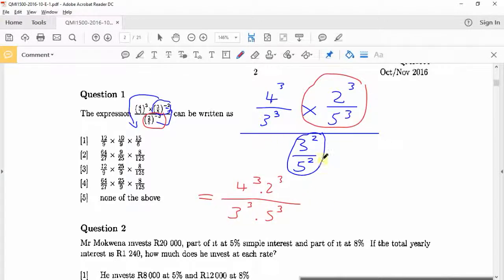Then obviously if I divide by 3 squared over 5 squared, I can times that by 5 squared over 3 squared. Remember, you can swap it around. So it's times 5 to the 2 over 3 to the 2.